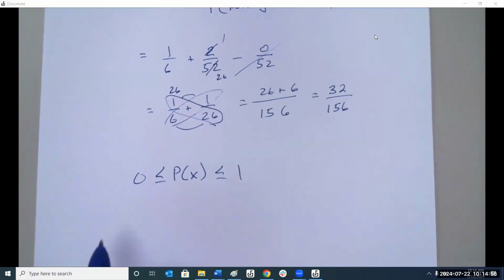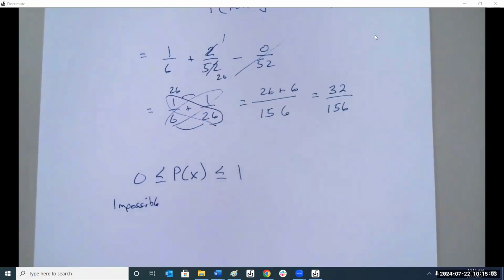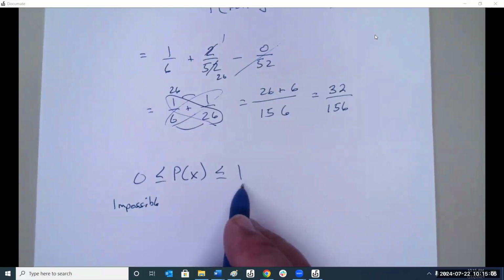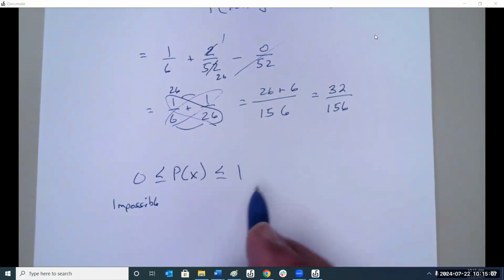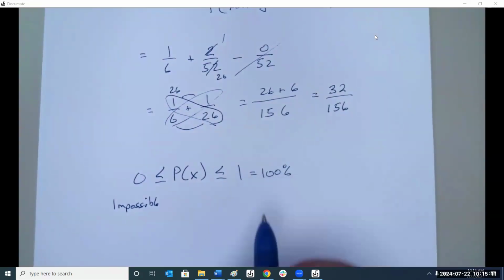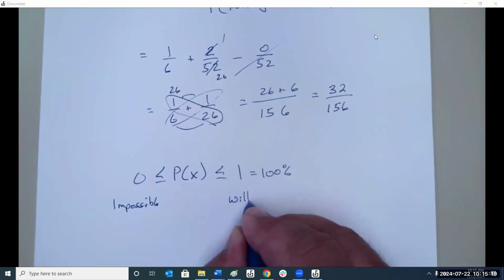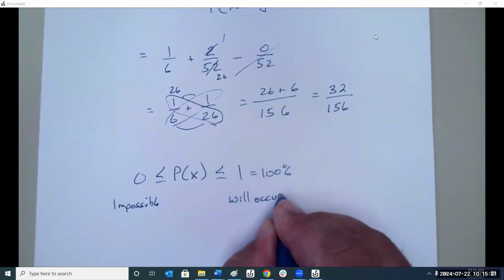So that's a 0. This is impossible. It'll never occur. And the other end is 1. 1 equates to 100%. It's 1 in decimal, 1.0, which is, it will occur.